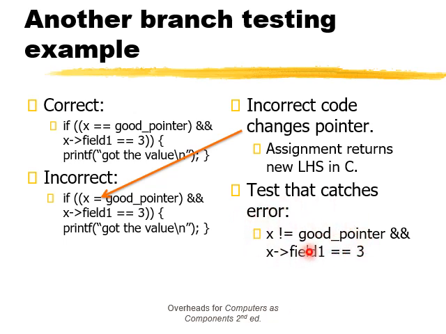We are going to get an error because previously we put the value of good pointer in X. So obviously this is going to be equal, and we are making it not equal, so this is going to be wrong. So if we apply the principle of branch testing, one of the tests we want to use is this, X not equal to good pointer. Now it is not necessary that every time we are going to catch the error, but this is the most efficient way of finding it.